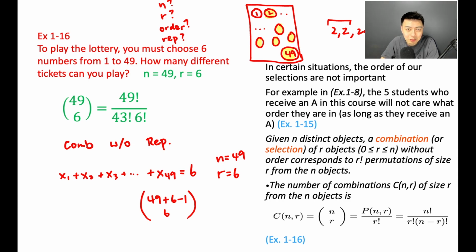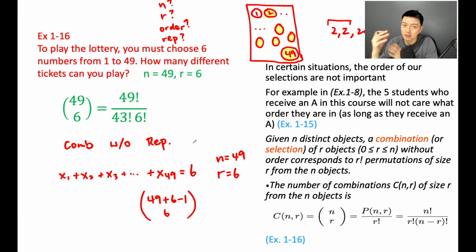But every other variable would be 0. So that's one case that sums to 6, and I want all the cases that sum to 6. Basically, I'm distributing 6 candies to 49 people, where these 49 variables represent how many times I choose that number in the lottery ticket.